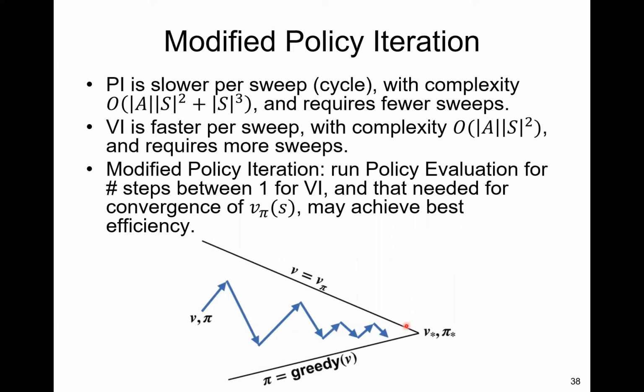Even though you're not evaluating the policy until convergence, this sloppy approach is still guaranteed to converge to the optimal V star and pi star. That's very helpful from a computational perspective.